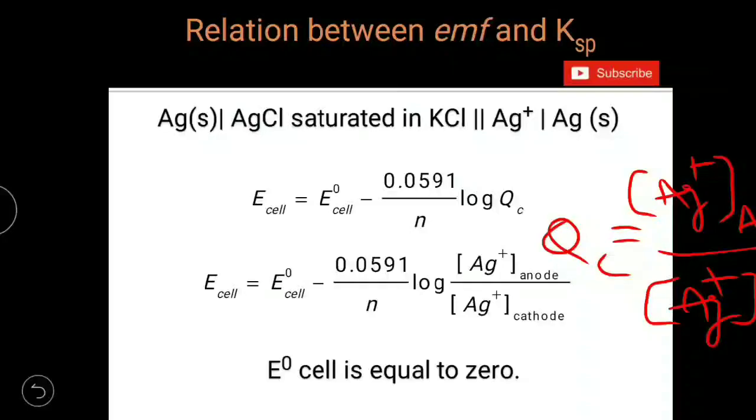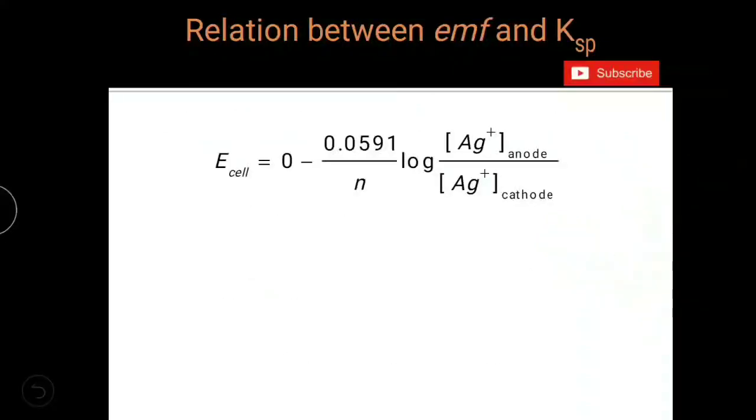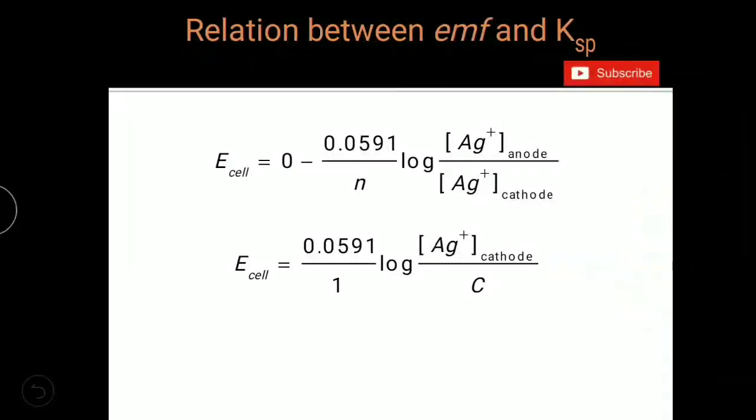So substitute E naught cell equal to 0, then you will get E cell is equal to 0.0591 by 1 log silver ion concentration at cathode by C. Here Ag plus concentration at anode is replaced by C, which we have to find out.